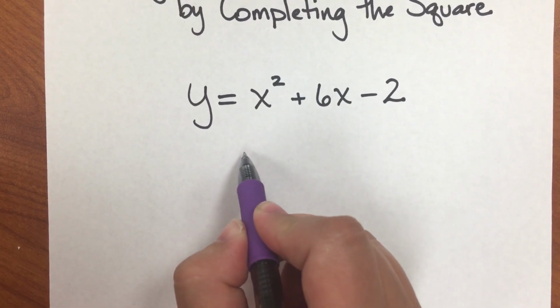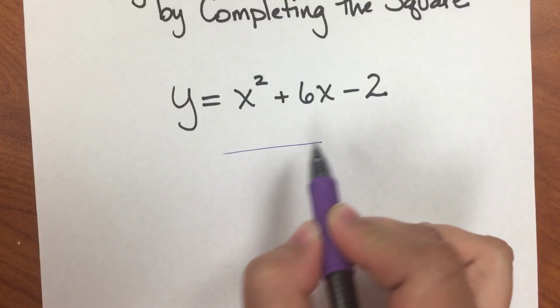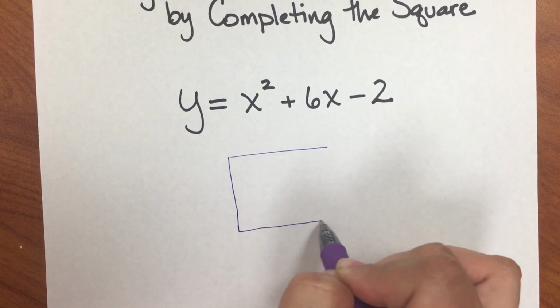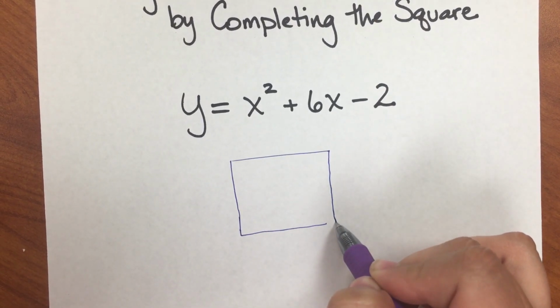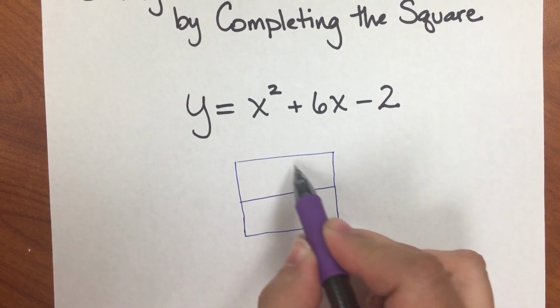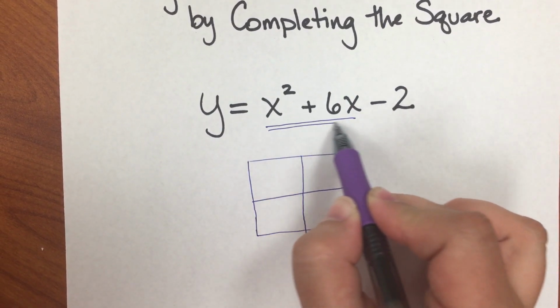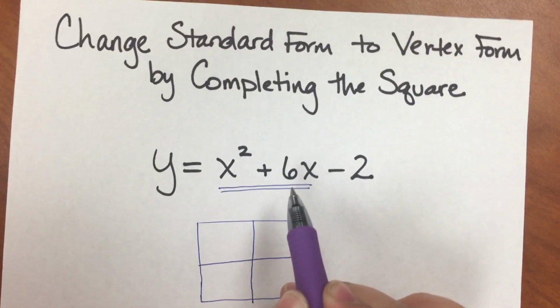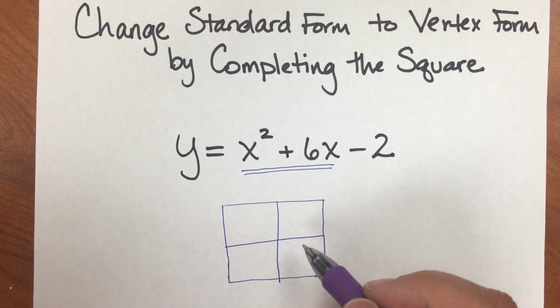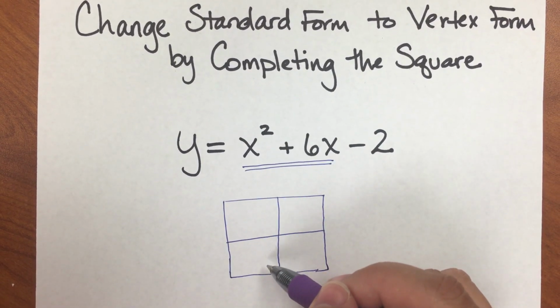First thing that I do is I make an area model, but this time, rather than using a rectangle like we've done before, I'm going to force it to be a square. So I'm just going to take these two terms, my x squared and my 6x, and put those two into my area model.